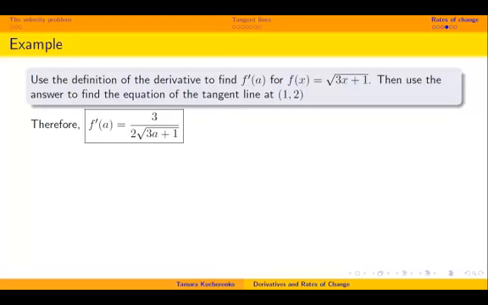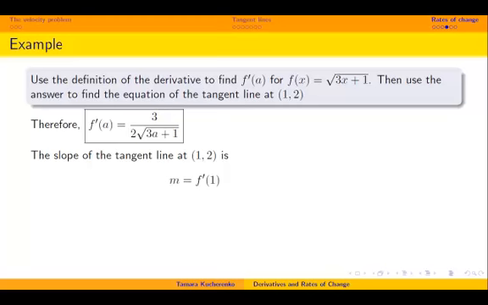Now we turn our attention to finding the equation of the tangent line at point 1, 2. We know that the slope of the tangent line at a point 1, 2 equals the derivative of f at 1.